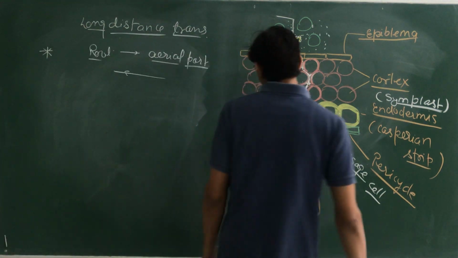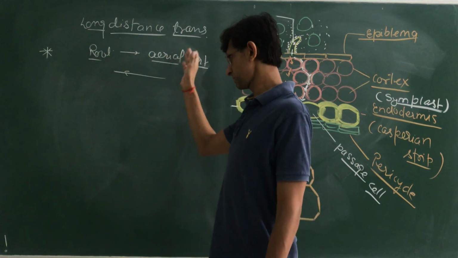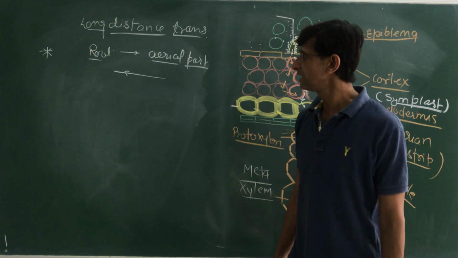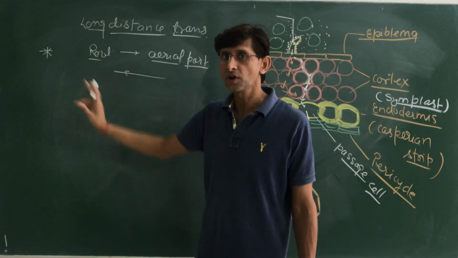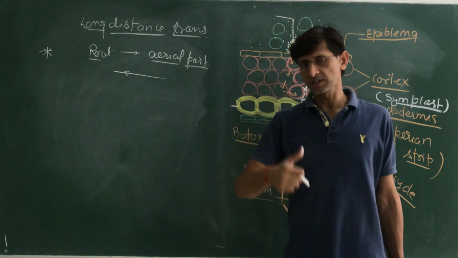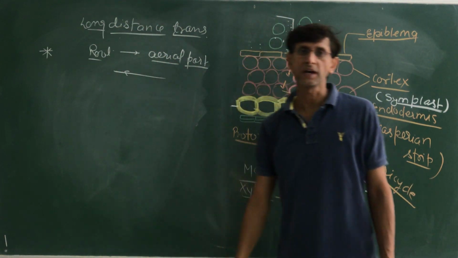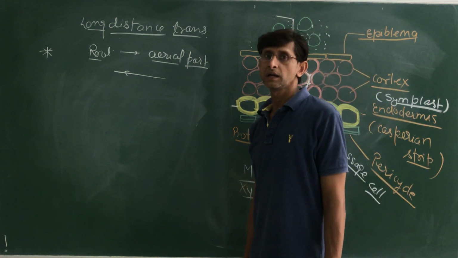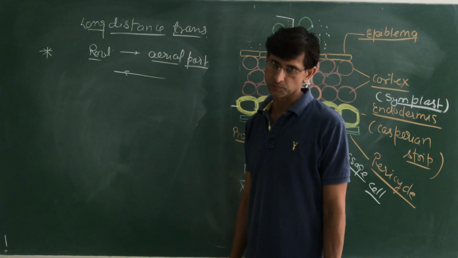What kind of material is transferred from one plant organ to another? There are several materials. Water is absorbed by the root from the soil, and it has to be transferred to the aerial parts through the stem, then the leaves, and then into the environment by transpiration. Such kinds of transport are included under the heading of long distance transport.